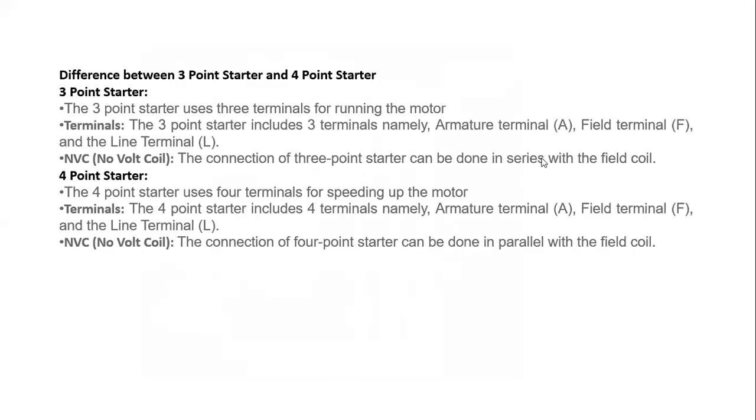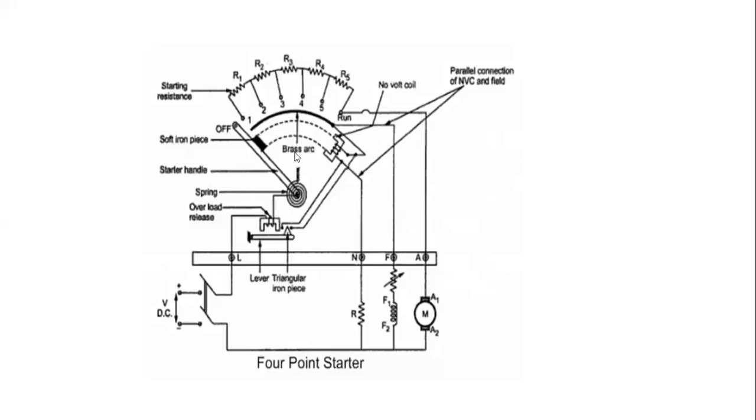The no volt coil is connected in series with the field coil in the 3-point starter, and in parallel with the field coil in the 4-point starter. That is the main purpose, working and various parts of the 3-point and 4-point starters.